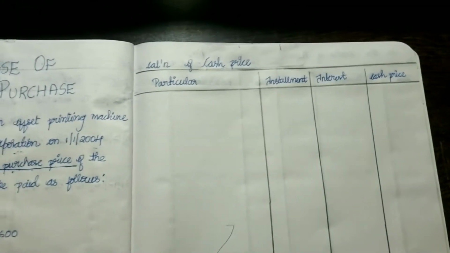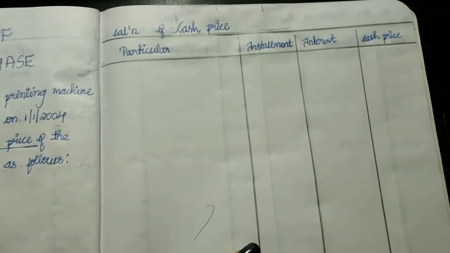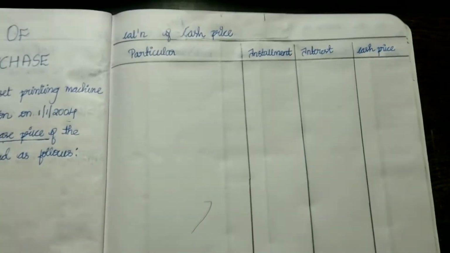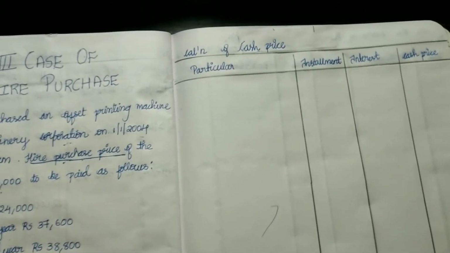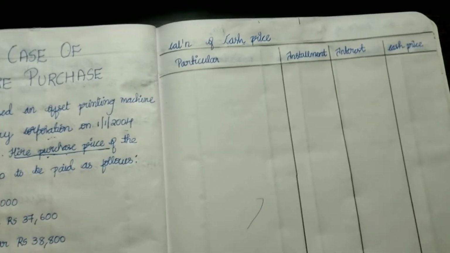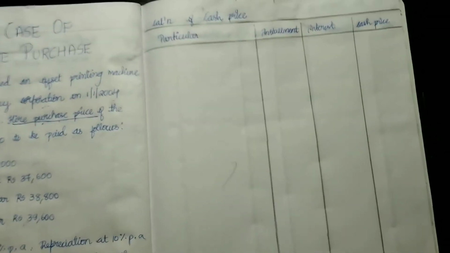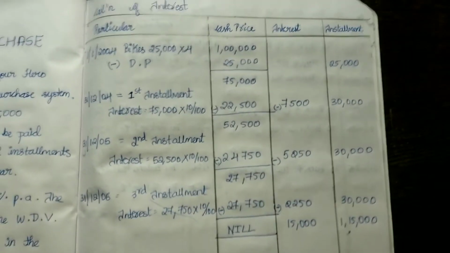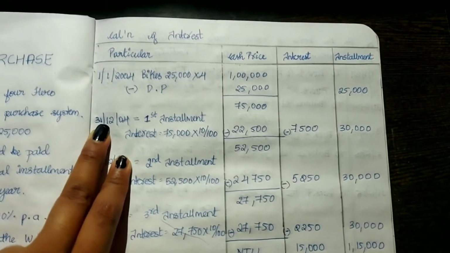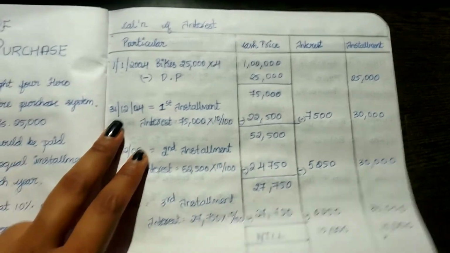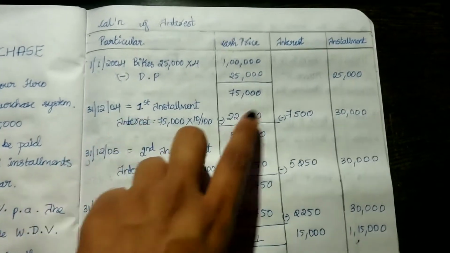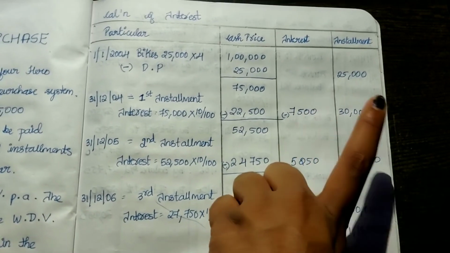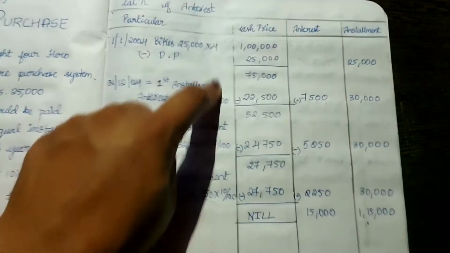So now let's analyze how to solve this question. You have to analyze the cash price here. First let's start with the last year. I'm going to show you an example of the last sum. This is the second method of hire purchase system, where we subtracted the interest from the installment amount and got the cash price.